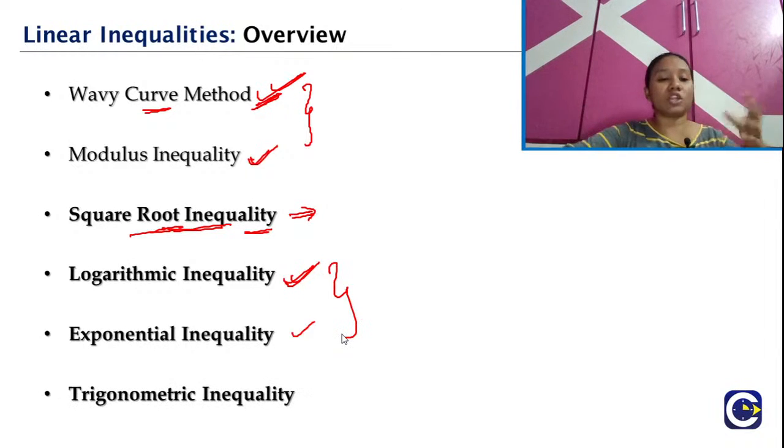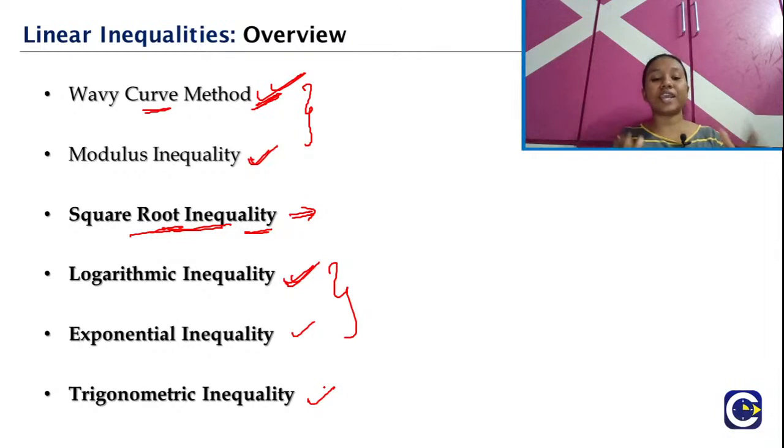Last but not the least, the final inequality we are going to discuss, which is again very important, is the trigonometric inequality. As you can see, the concept is related to trigonometric functions. If you remember, we have discussed the graphs of all trigonometric functions, like sine, cos and tan.